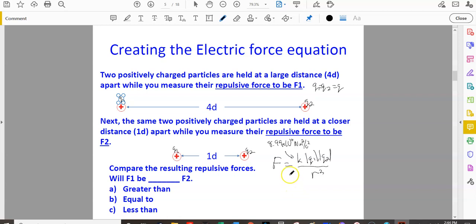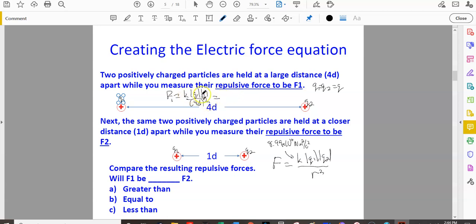Well, for this part up here, that force F1 is going to be equal to K, Q1, which is just going to be Q, and then Q2, which is also just a Q. I said they're equal in charge, all over 4D that is squared.